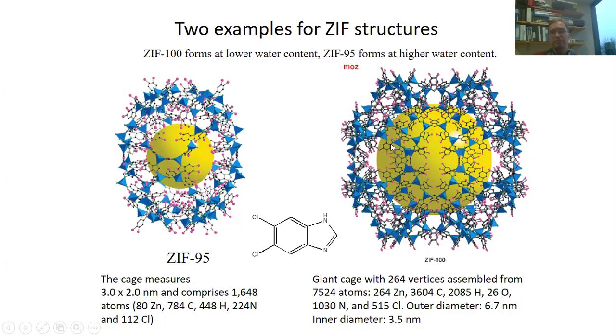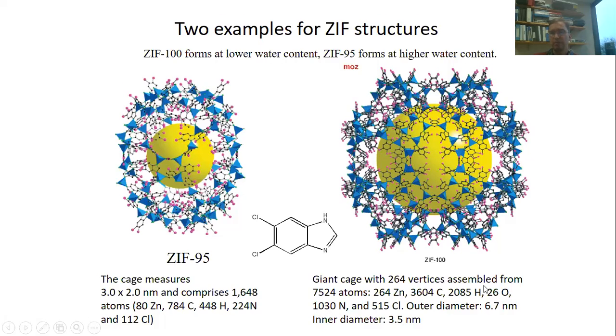The cage that makes up the structure of ZIF-100 is even larger. The cage has 264 vertices, its outer diameter is 6.7 nanometers, and its inner diameter is 3.5 nanometers. So it's made of overall 7,524 atoms: 664 zinc, 3,604 carbons, 2,085 hydrogens, 26 oxygens.